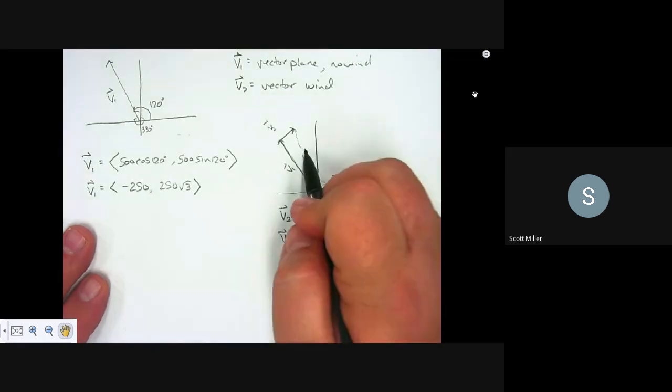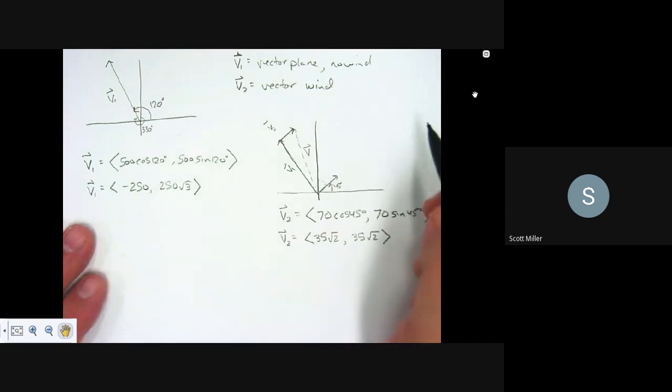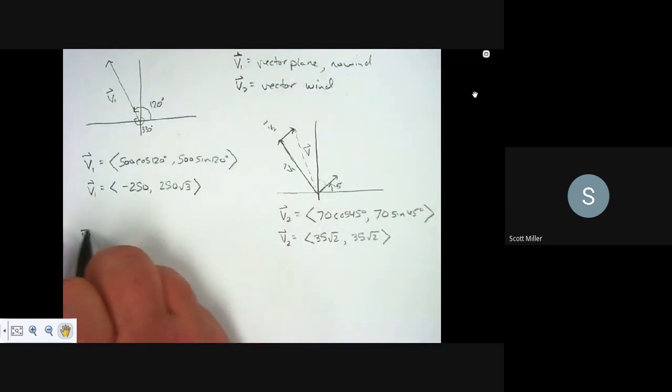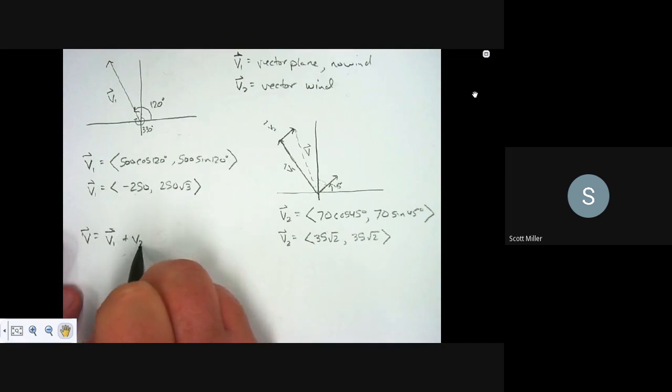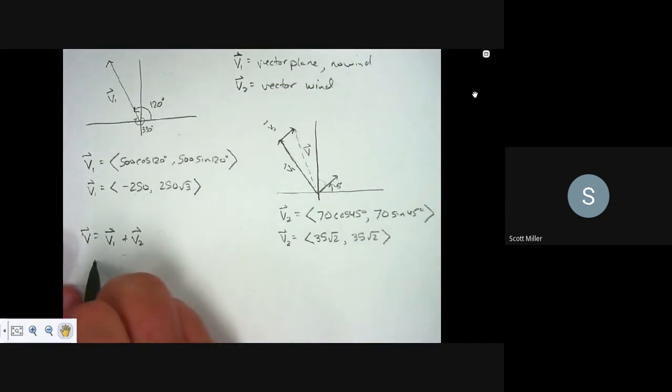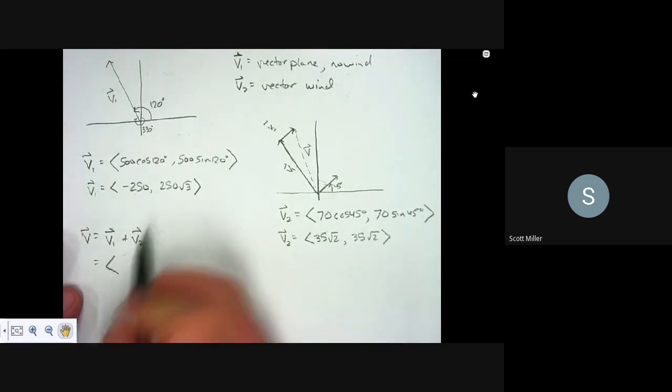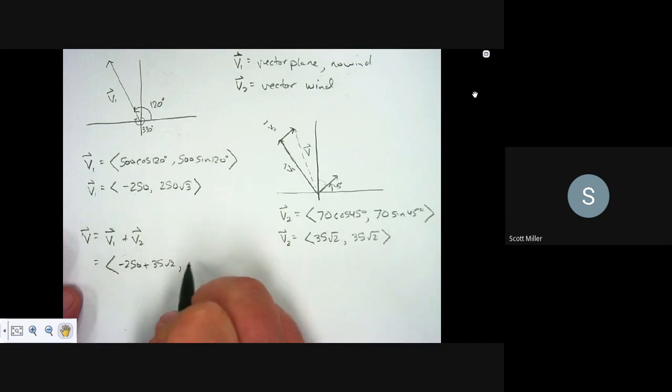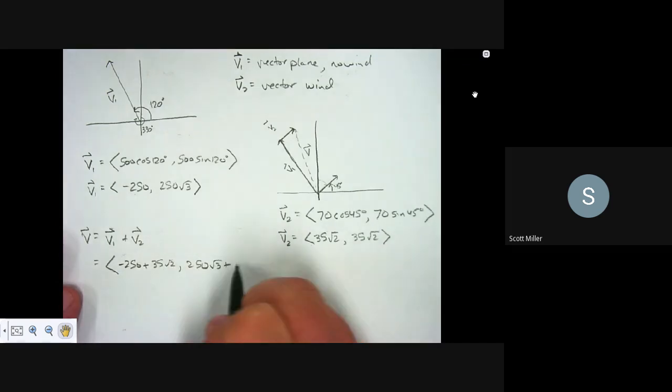We want the new vector, the resultant of this, so we want vector V, which is the plane plus the wind. So then we are going to end up with those two things added: negative 250 plus 35 times the square root of 2, and 250 times the square root of 3 plus 35 times the square root of 2, like so.